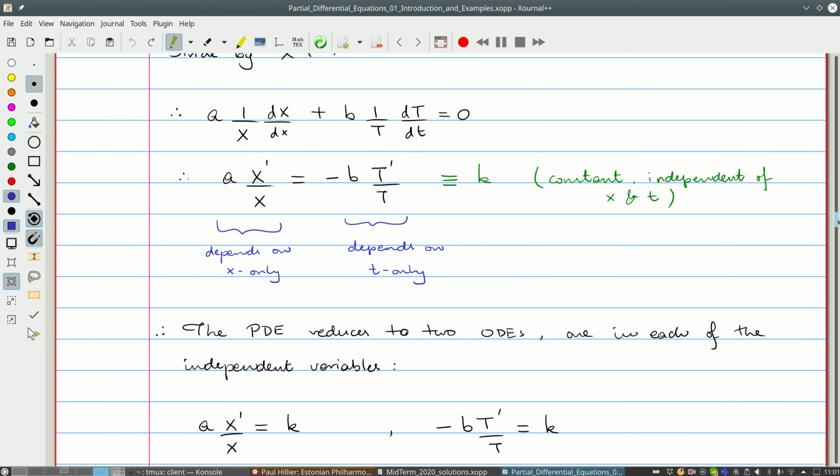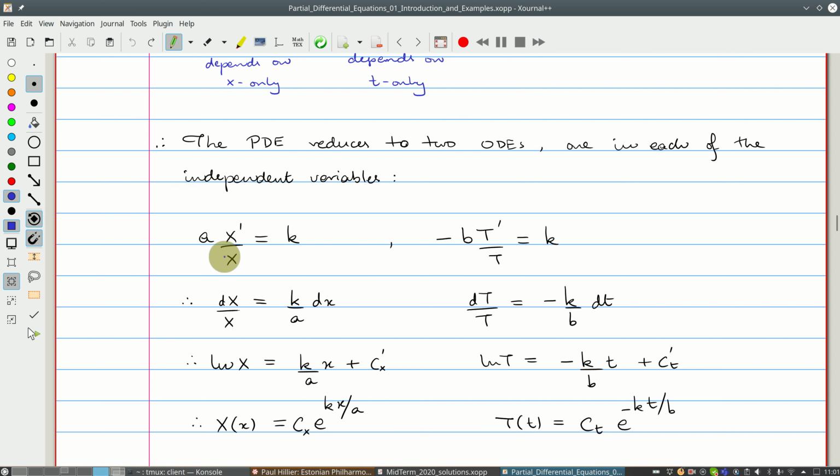And that gives us two ordinary differential equations. So now we have one ODE for x and one ODE for time. These can be solved quite easily. I haven't decided what k is, whether it is positive, negative, or imaginary, but the solutions will be of this form: X as a function of little x is some scalar c_x times e to the kx over a, and similarly for t, it's e to the minus kt over b.